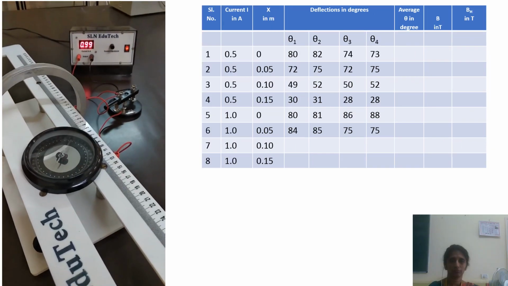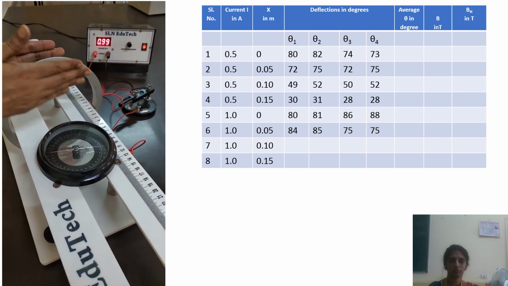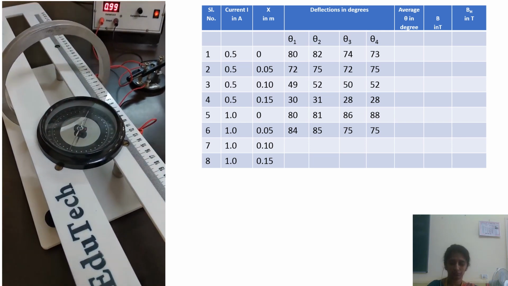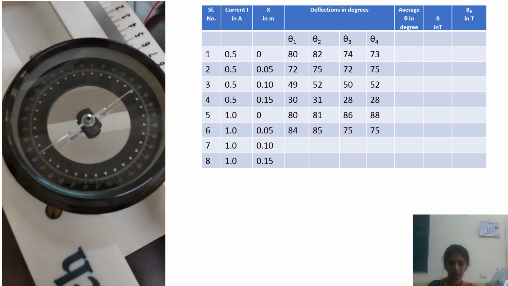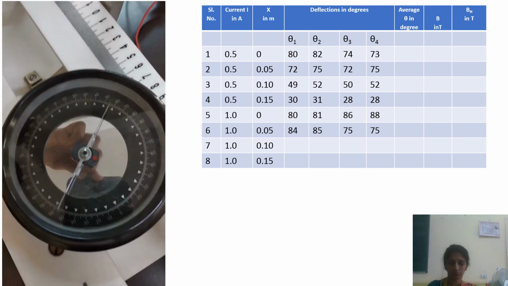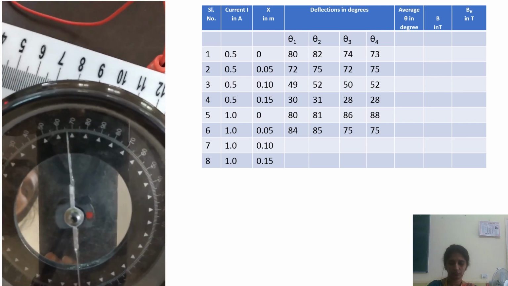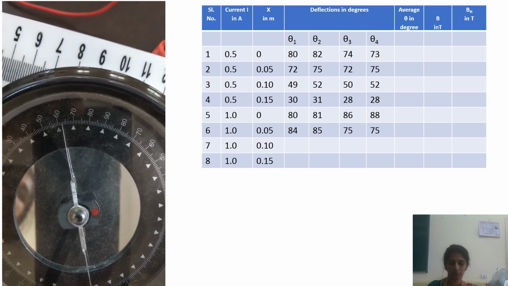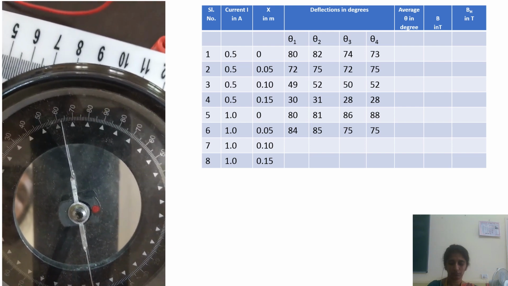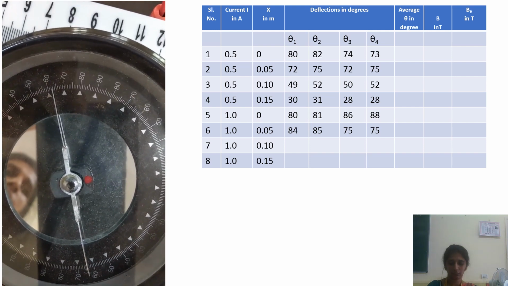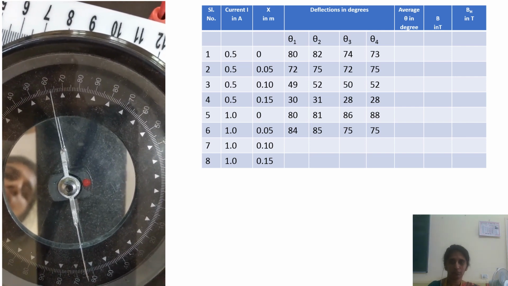Now the compass is away from the coil by 10 centimeter. Again I have to note down theta 1, theta 2. Theta 1 comes out to be 63 and theta 2 is 64.